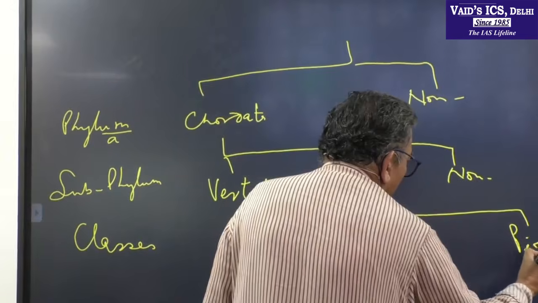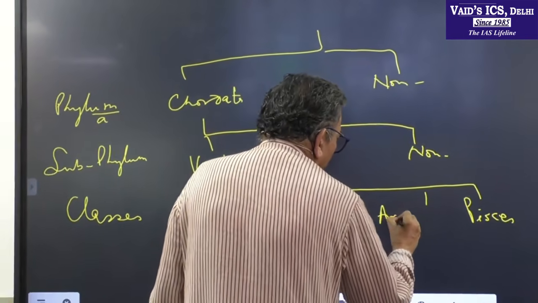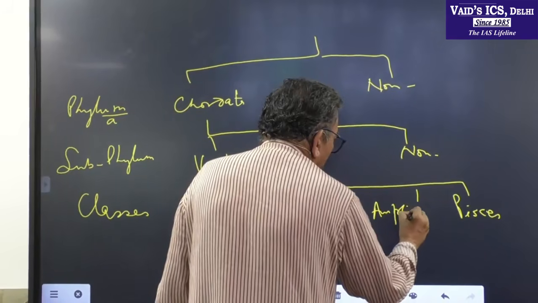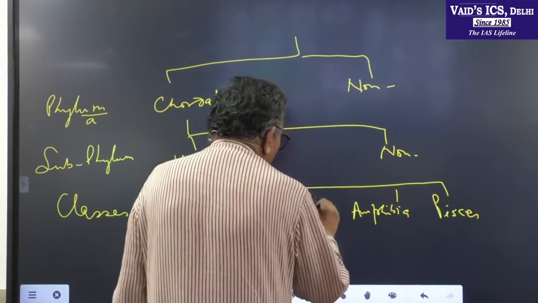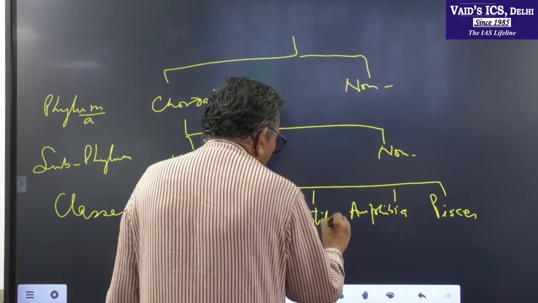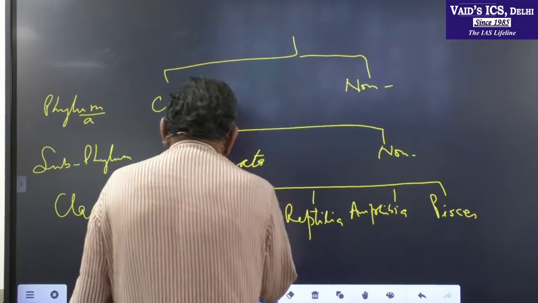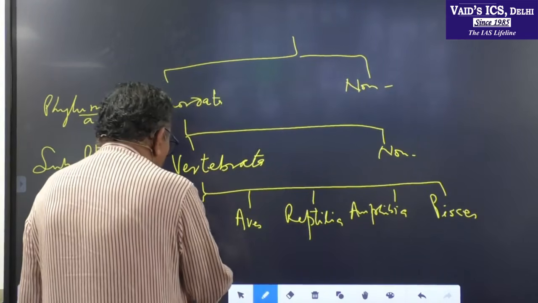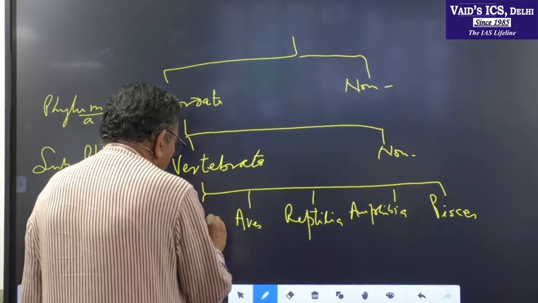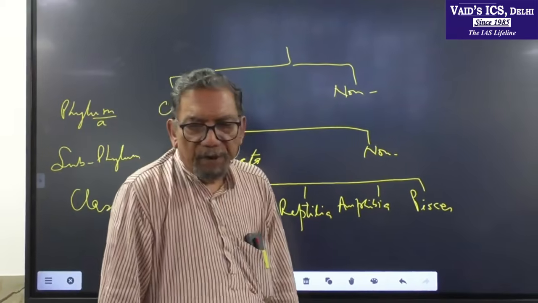Pisces means fish. Amphibia, reptilia, aves, aves means birds, and mammalia, mammals. And we have known the meaning of each one of them.